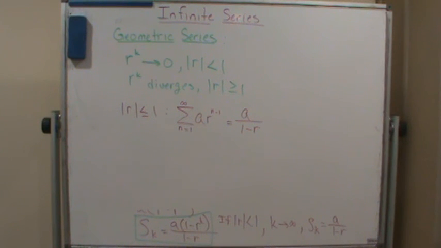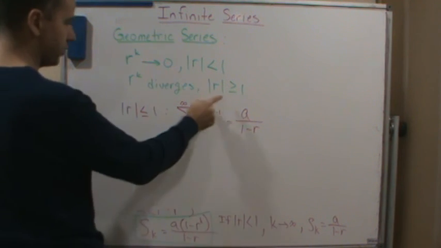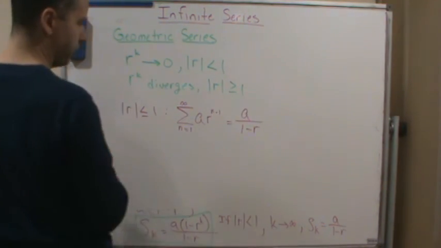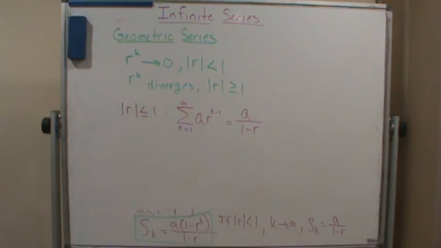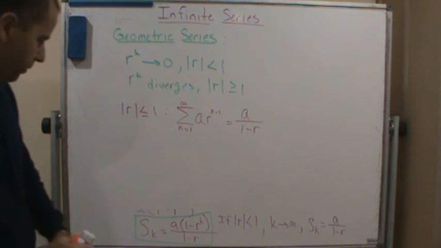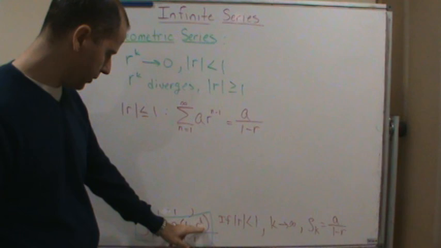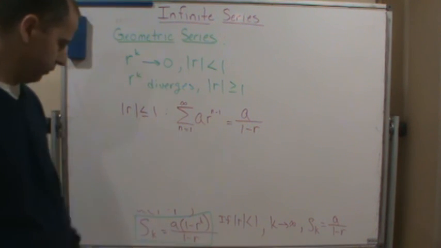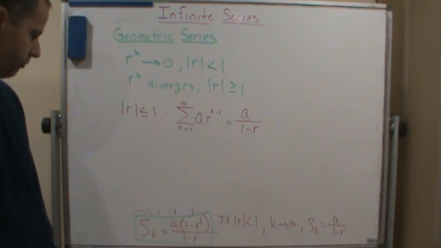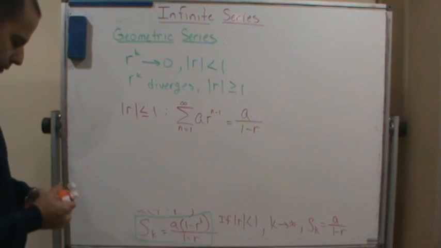Now, that also tells us if the absolute value of r is greater than or equal to 1, then s sub k diverges, because this is divergent. This diverges, which means the whole thing is going to diverge. And therefore the series diverges.